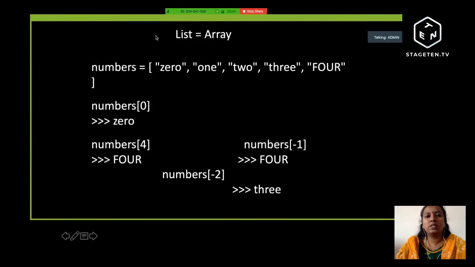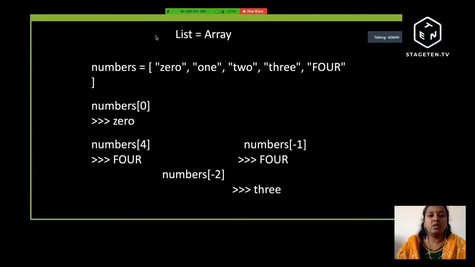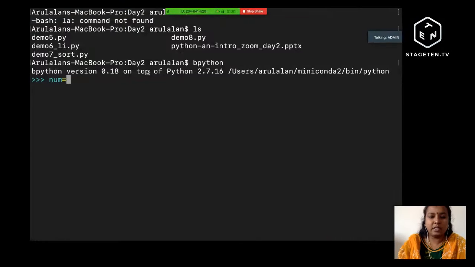You can create any name for the list. I am creating the list with the name num. A list must be created with square brackets, so I am creating it with square brackets, and I will start with 0 directly.